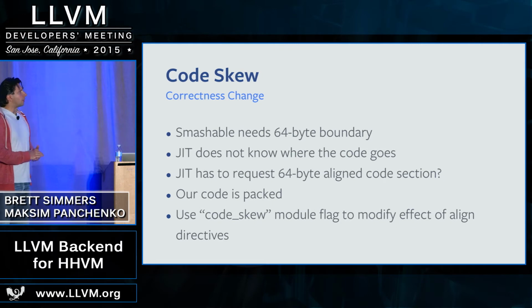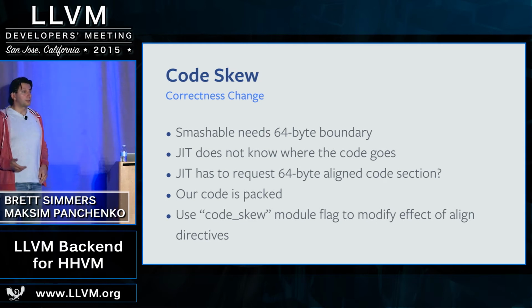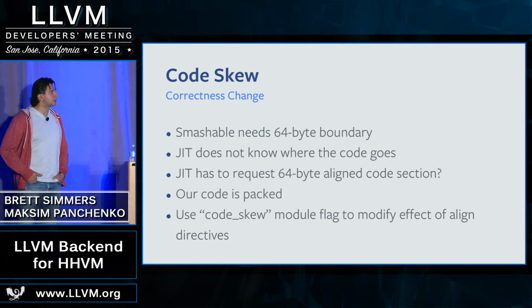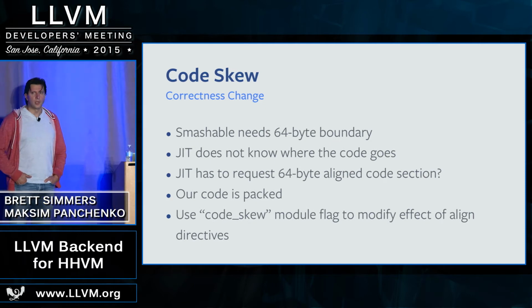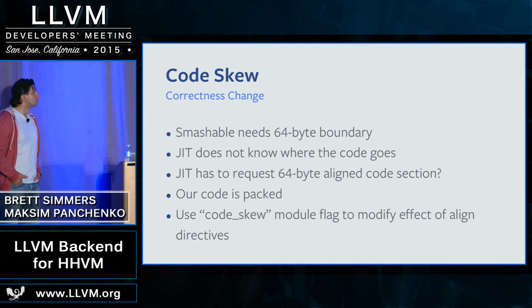We faced another problem. The code generator needs to be aware of where the code is emitted and where the 64-byte boundaries are. And when JIT is writing the code, it does not know where it will end up. At the end, it will request a code section from the runtime with certain alignment. So the solution seems to be we had to request a 64-byte aligned code section. But this was too much code blowout for us.